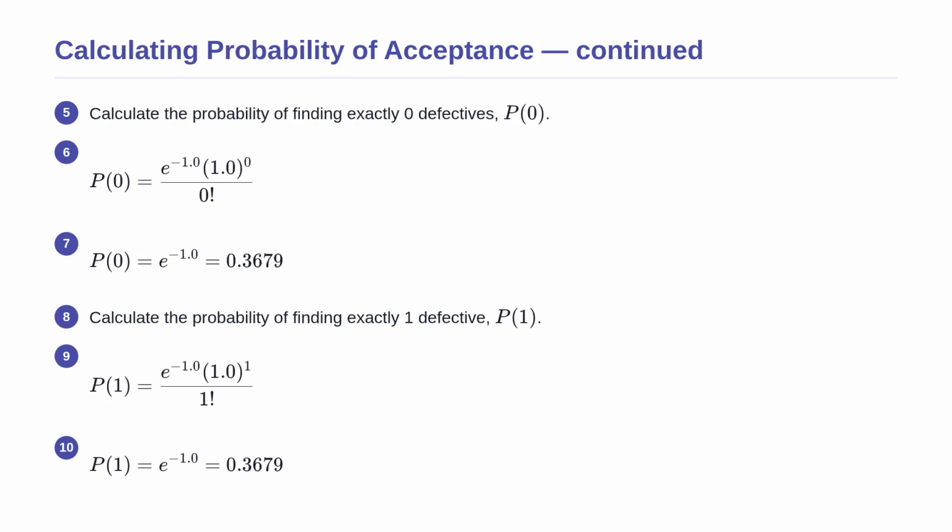Next, we do the same for exactly 1 defective. Plugging in D equals 1, the math is just as clean, and we again get 0.3679. 0 and 1 are equally likely here because our expected average was exactly 1.